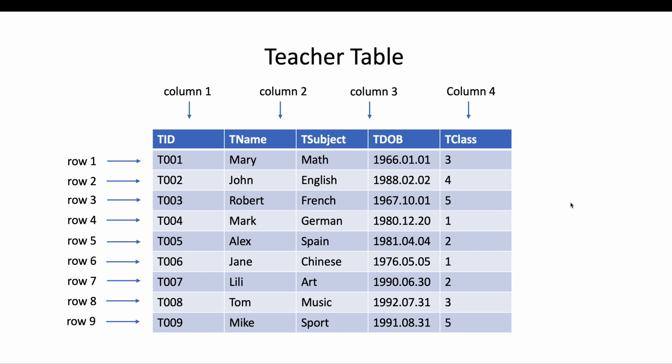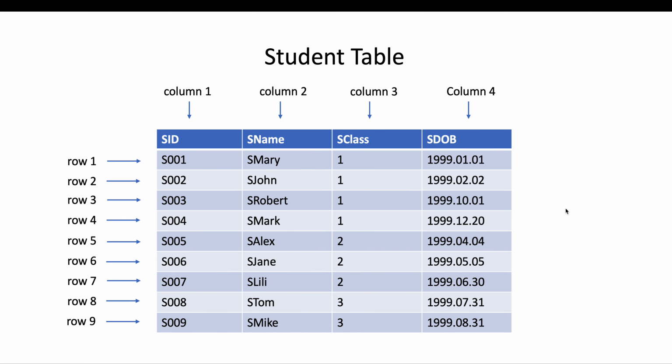In a database, you may have many tables, and between the tables they have some relationship. Here I just introduce a teacher table. Then the next one is a student table. For the student table, you can see the same: we have 4 columns and 9 rows. But the student ID is different to the teacher ID, and the student's name is different to the teacher's name, and also the class.